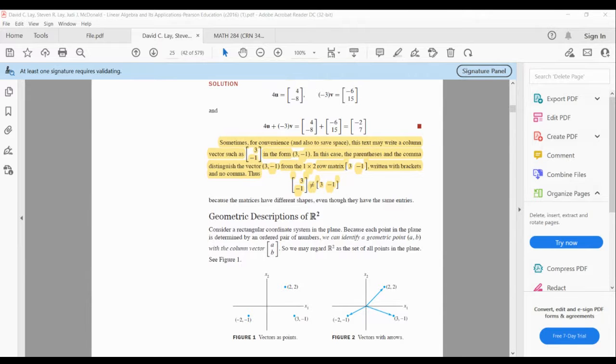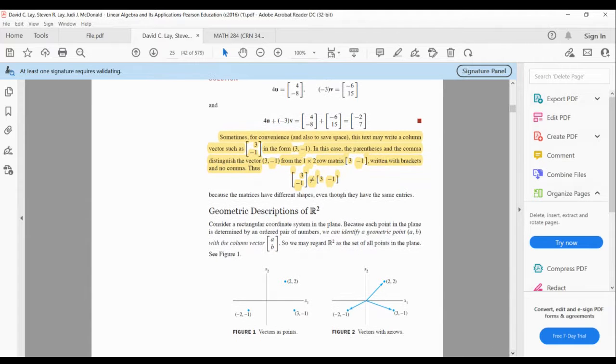They've drawn 3 vectors there in the picture in figure 2 actually. In figure 1, they have vectors as points, and in figure 2, they have vectors with arrows. Are there any questions on that?